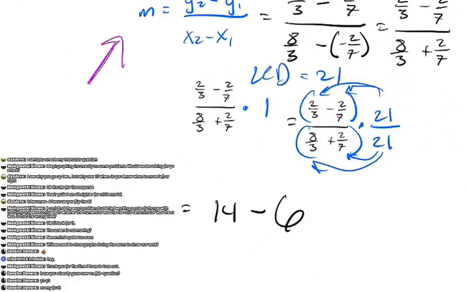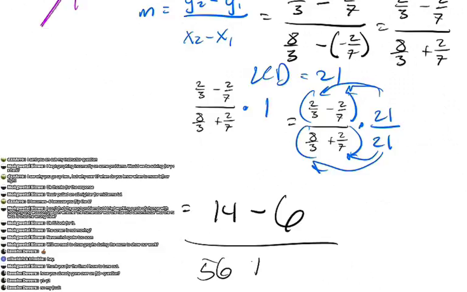So like that. Then divided by, let's work the next one. 21 divided by 3 is 7. 7 times 8, 56. And then we're going to say plus. 21 divided by 7 is 3, times 2 is 6. Okay?